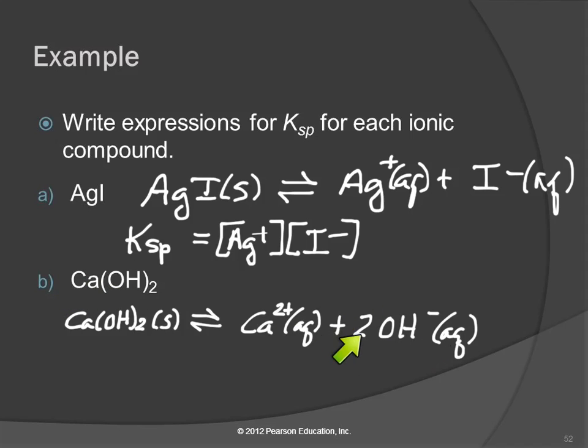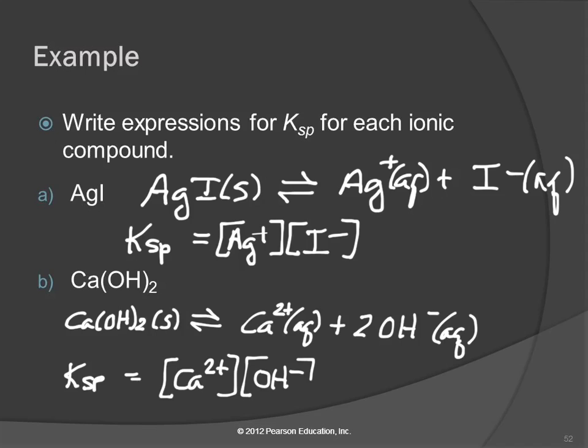And it's really important to have that 2 in there because that becomes the exponent in the Ksp expression. So then Ksp is the calcium ion concentration times the hydroxide ion concentration squared. The charges have nothing to do with these exponents. So that's the charge on the ion. This exponent comes from the coefficient in front of the ion formula. Any questions?